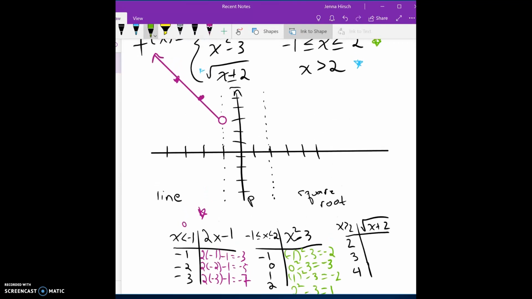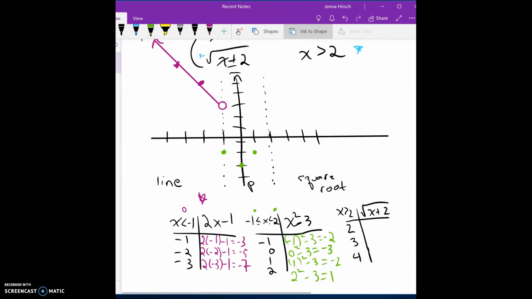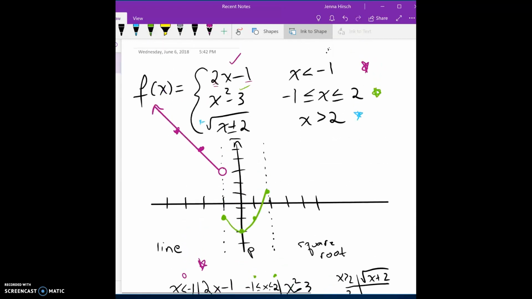Both at -1 and at 2 we get closed circles because it's equal to that value. Here's -1, -2; here's 0, -3; here's 1, -2; and here's 2, 1. Here is our piece of a parabola with closed circles at both endpoints, because it's less than or equal to both these values.